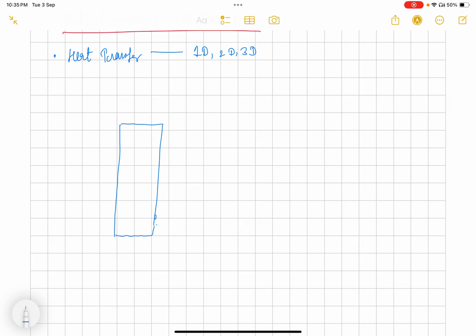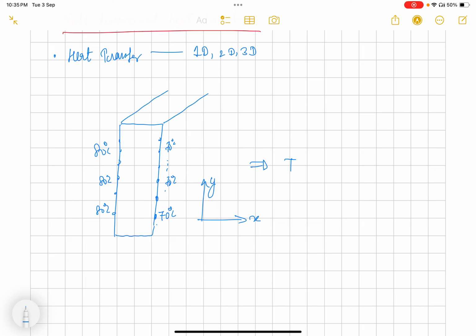So let's say all the points of the wall in vertical direction have the same temperature, 70 degrees Celsius, and all the inside points have a temperature of 80 degrees Celsius. So there is no variation of temperature in the y direction. Only variation is in the x direction. So this problem looks like two-dimensional.